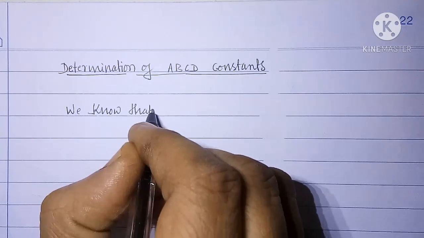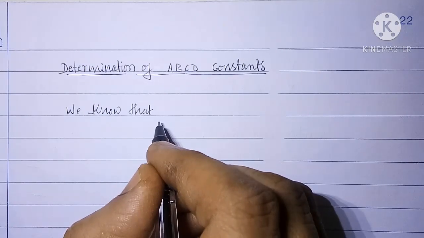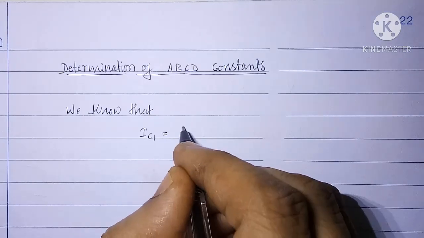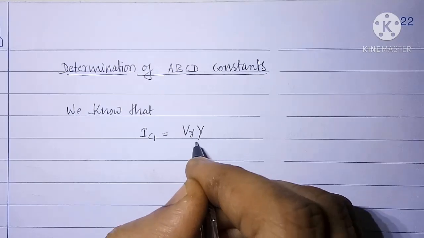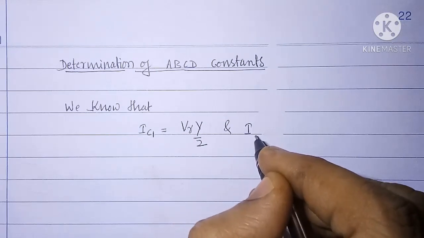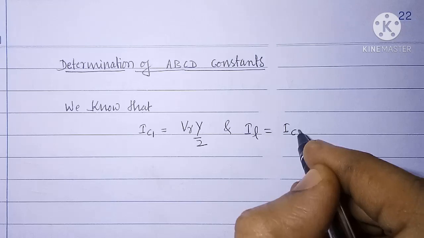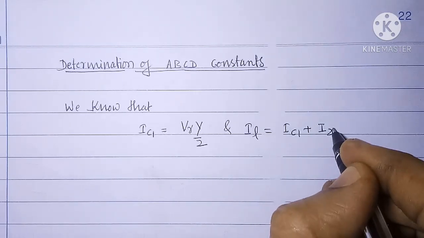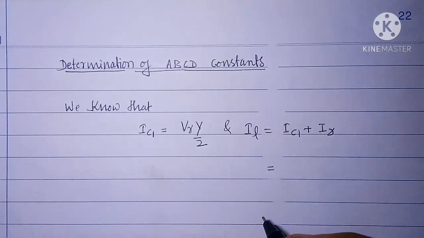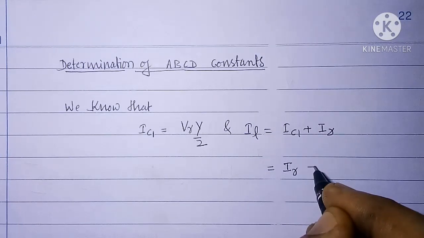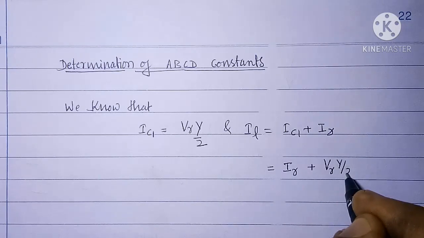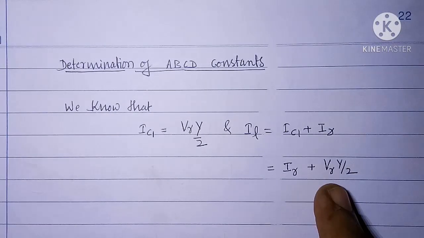We know that current through capacitor C1, that is IC1, is given by receiving end voltage into the admittance, that is Y by 2, and line current IL is equal to IC1 plus IR, or you can write it as IR plus VR into Y by 2, substituting for IC1 from here.